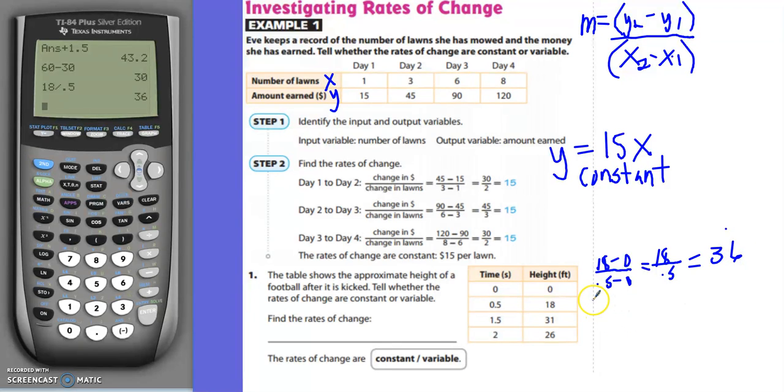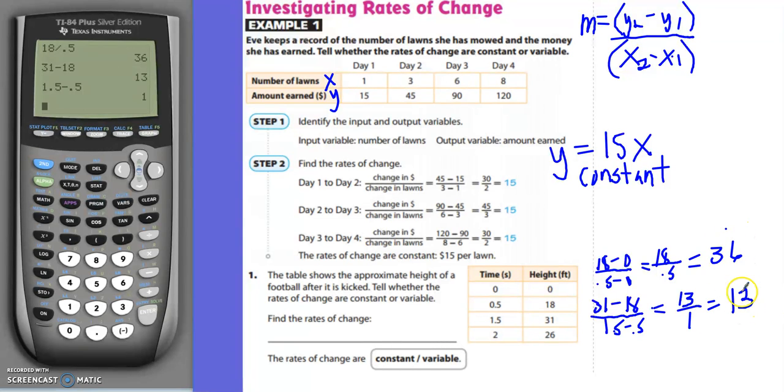All right, and if I did 31 minus 18 and 1.5 minus 0.5, so I have 31 minus 18, I get 13, 1.5 minus 0.5 would get me 1. 13 over 1 is 13.